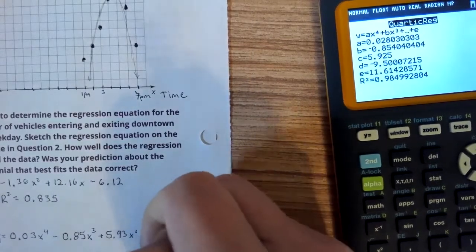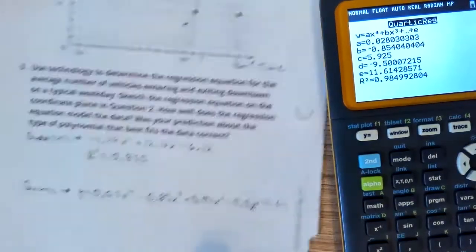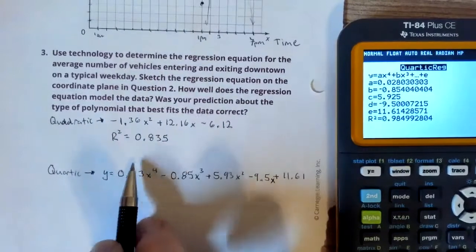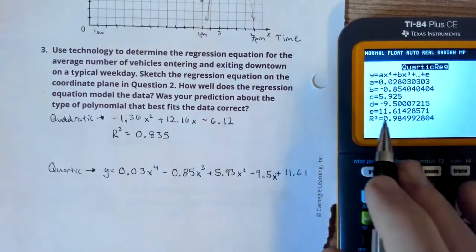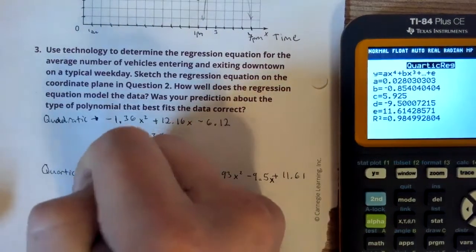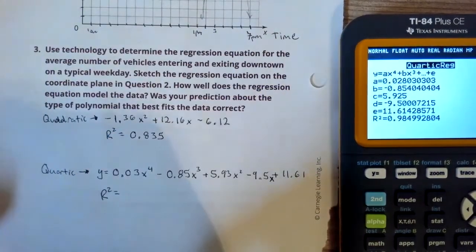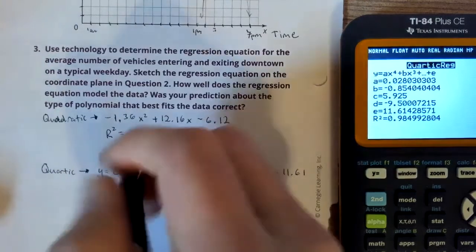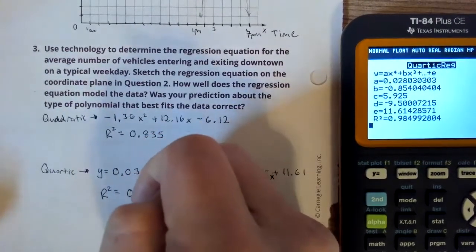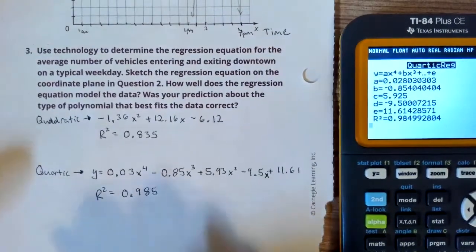I forgot to put an x on my 9.5. Okay, so pretty long equation there. And I just got all of these coefficients from my calculator. I also want to jot down this r squared value. R squared value is equal to 0.985. Okay.